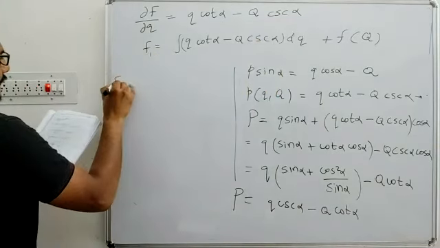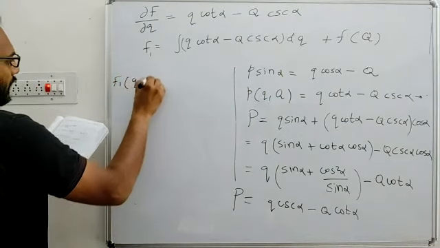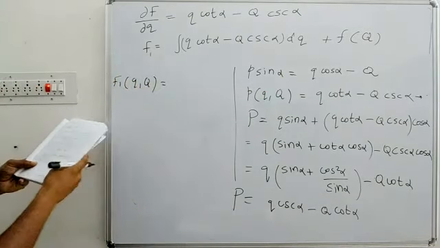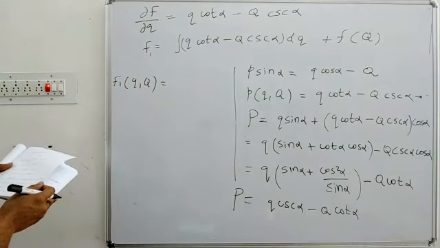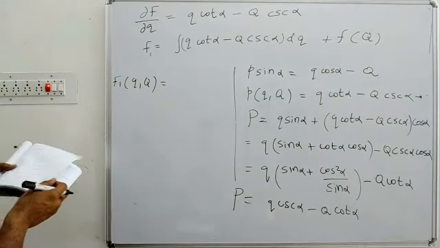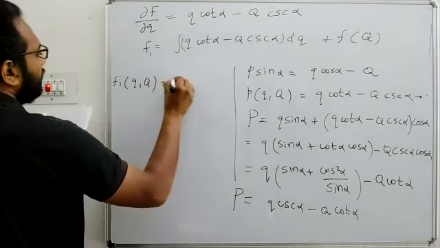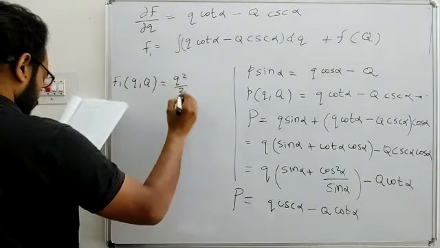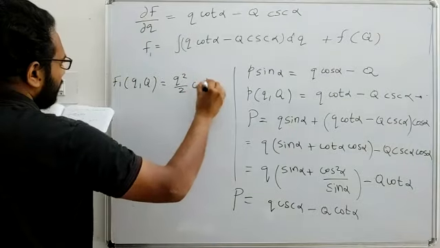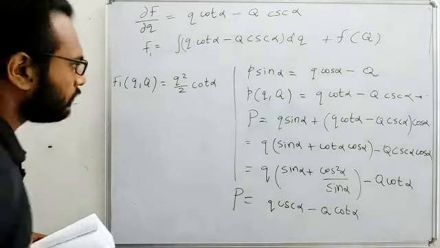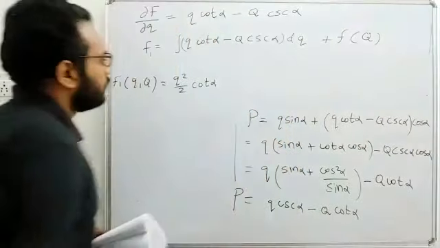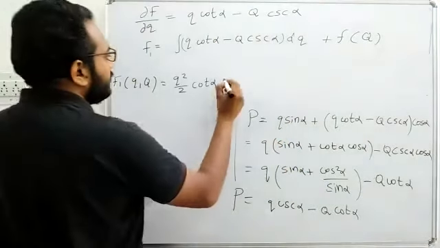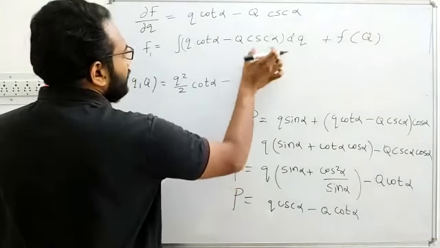So we see that f1 of q comma capital Q is equal to, integrate this, it becomes q square by 2 cot alpha, minus q, this is a constant, all right?